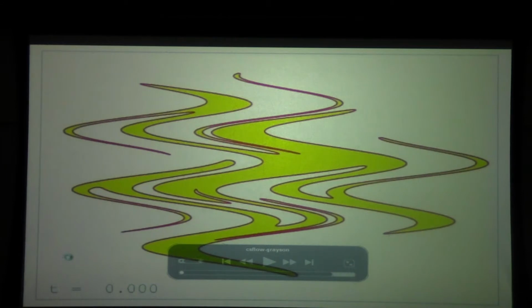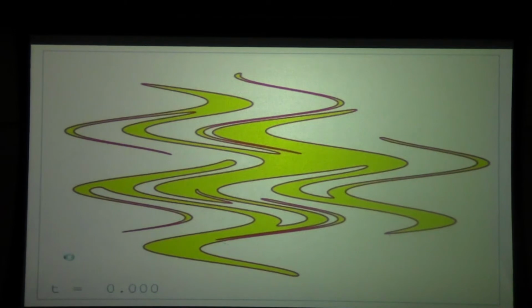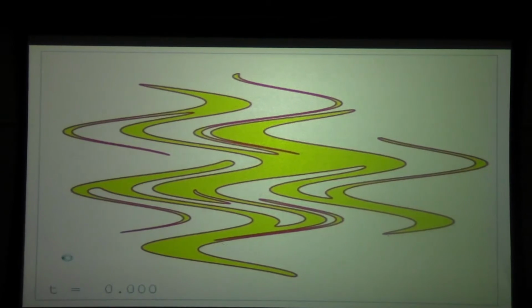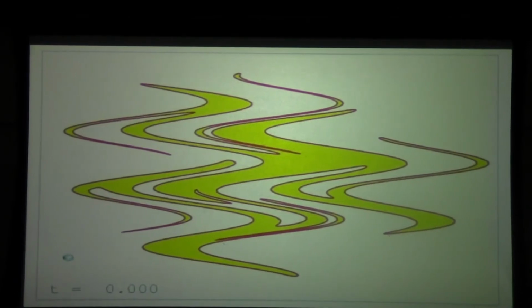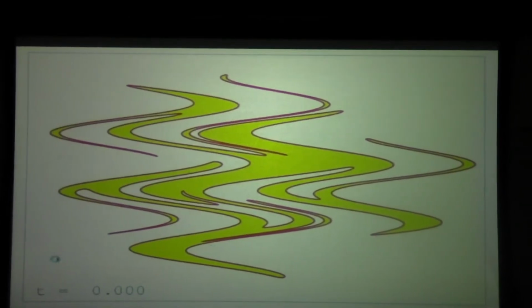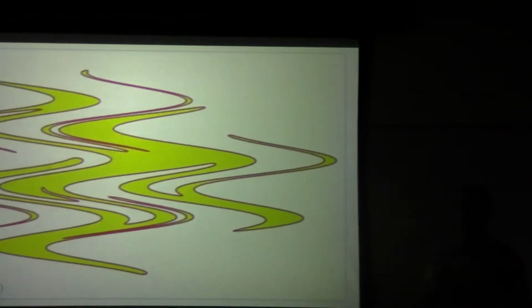I took a unit disk, thought of as built of horizontal stripes, and first just slid them back and forth sideways, so that doesn't change the area. Then I divided the resulting thing into vertical slices and slid those up and down. And then you get a very complicated curve, but the enclosed area is exactly the same as that of a unit disk, which is pi.